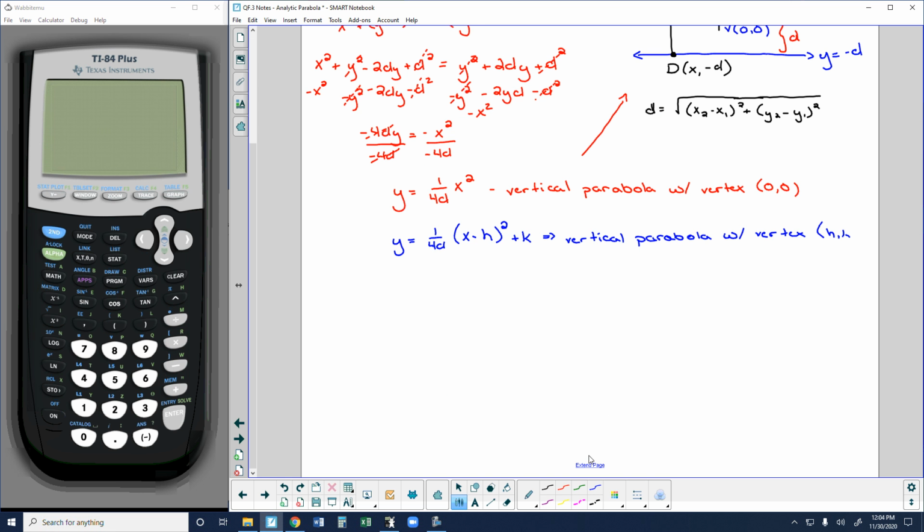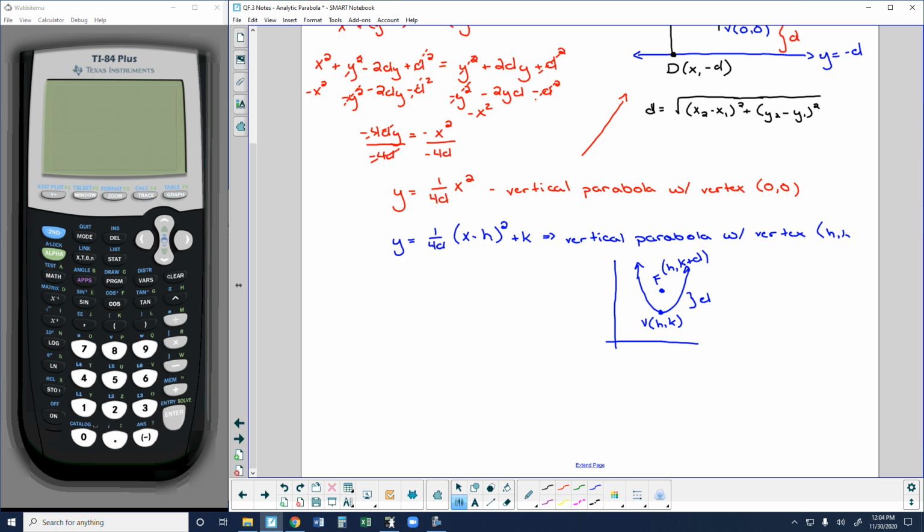So let's say then this parabola moved to the right and it moved up. So now we have a vertex here that's hk. Let's say we have the focus here that is still h, but now it's k plus d, because remember, d is the distance from the vertex to the focus.